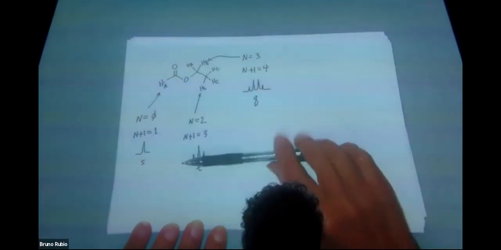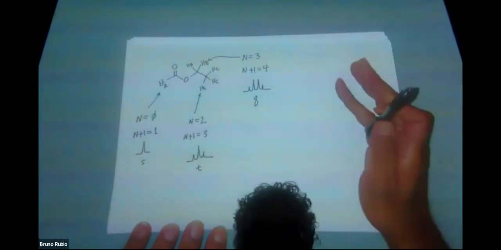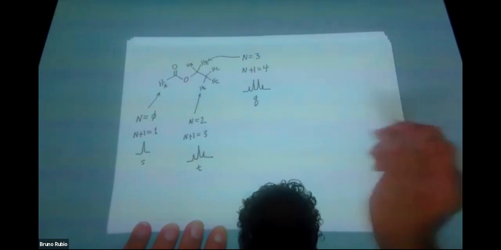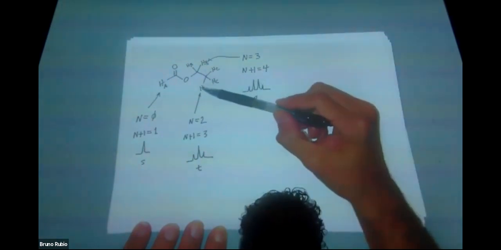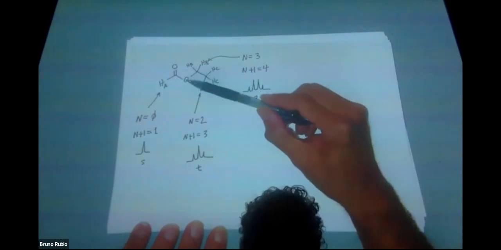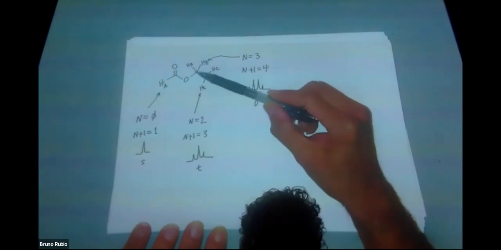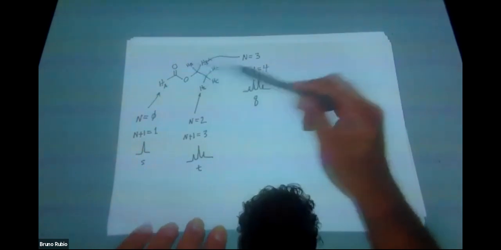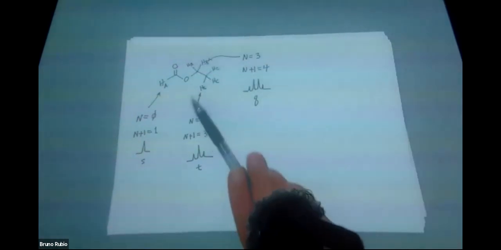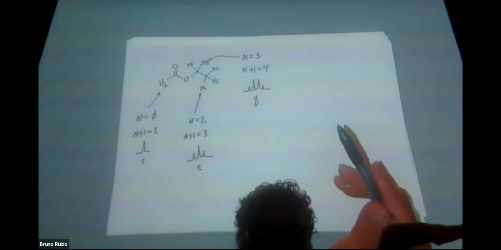So each of these HC is 2 bonds away from another HC. There's no splitting. Let's take a trip 3 bonds away. 1, 2, 3. Oh, we hit an oxygen. That's not a hydrogen. Try again. 1, 2, 3. Yeah, when we go 3 bonds away from HC, we hit 2 HB protons.